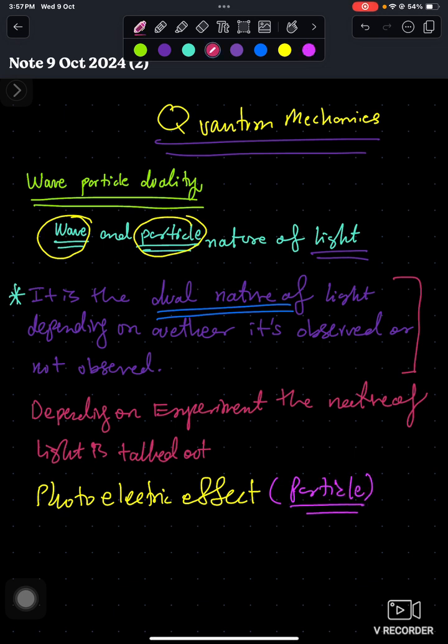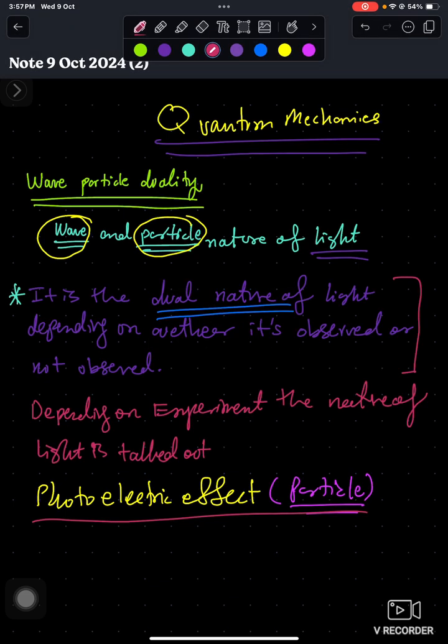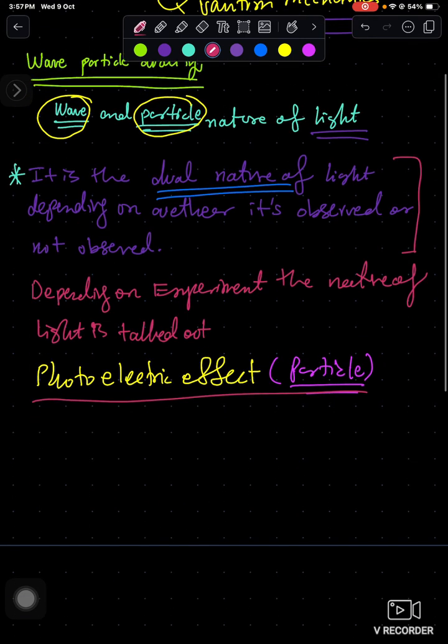Okay, and how will I write it, I will write it in the form: we talk about photoelectric effect, particle nature, and in this we will be talking about wavelength of, or a wave, which is nothing but energy photon.